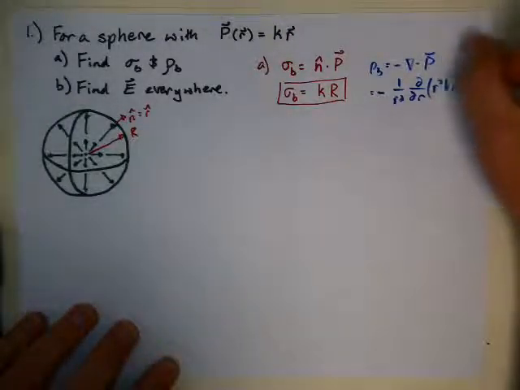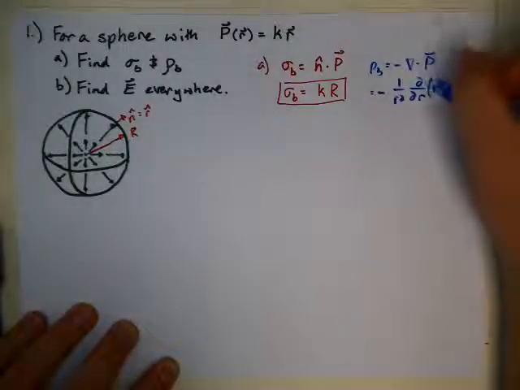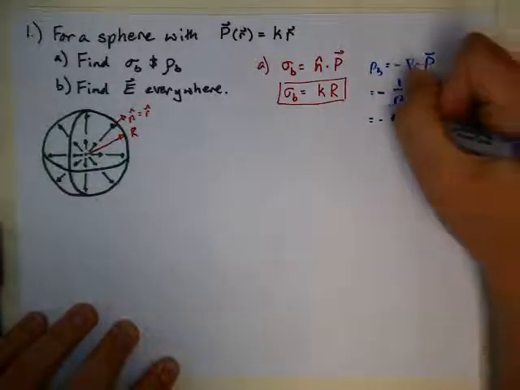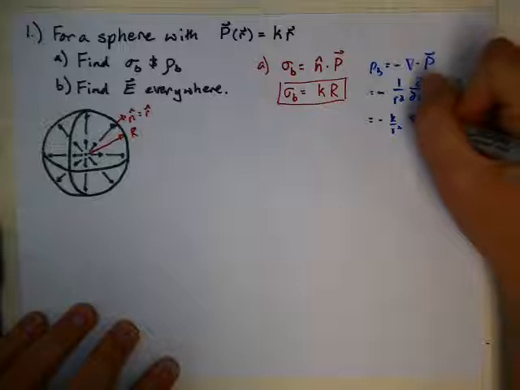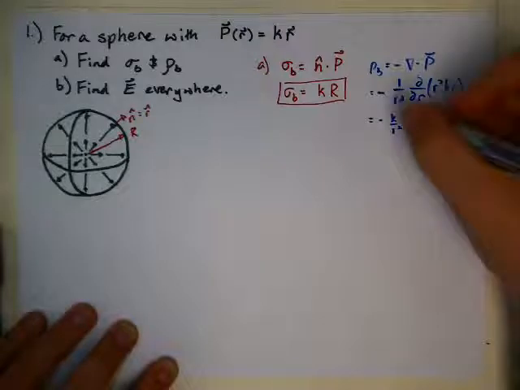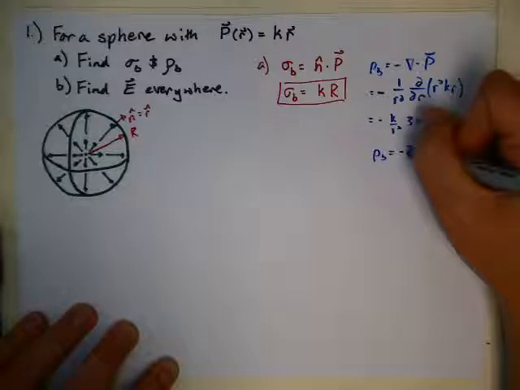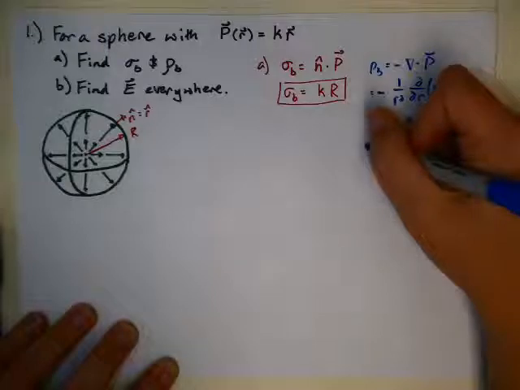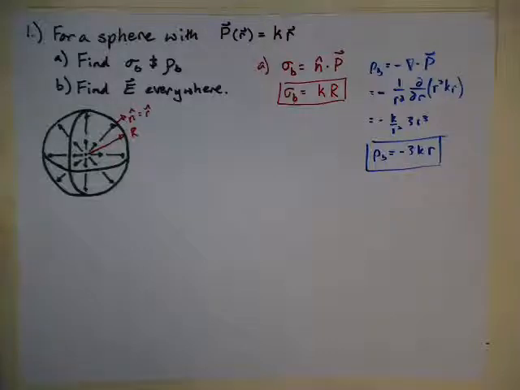So the k comes out, and this is minus k over r squared, the partial derivative of r cubed, which gives 3 r squared. And so my volume charge density rho is minus 3k. Okay, and so that's my volume charge density and my surface charge density.